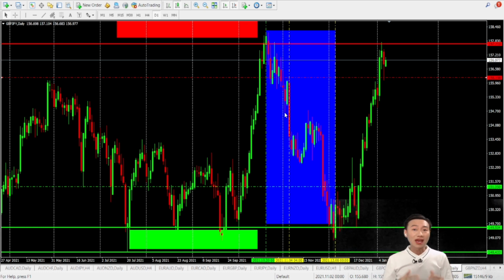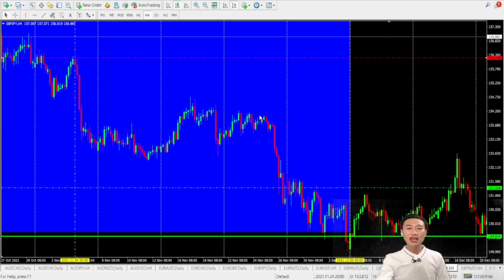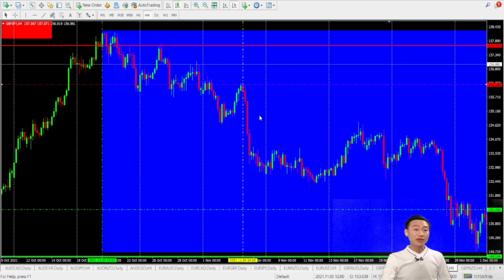So in the bear market, I will only sell, and when I want to sell, I always want to sell at the resistance, downwards. Am I right? So now I'm going to H4. Rule number 2, I'm going to read where my resistance is.